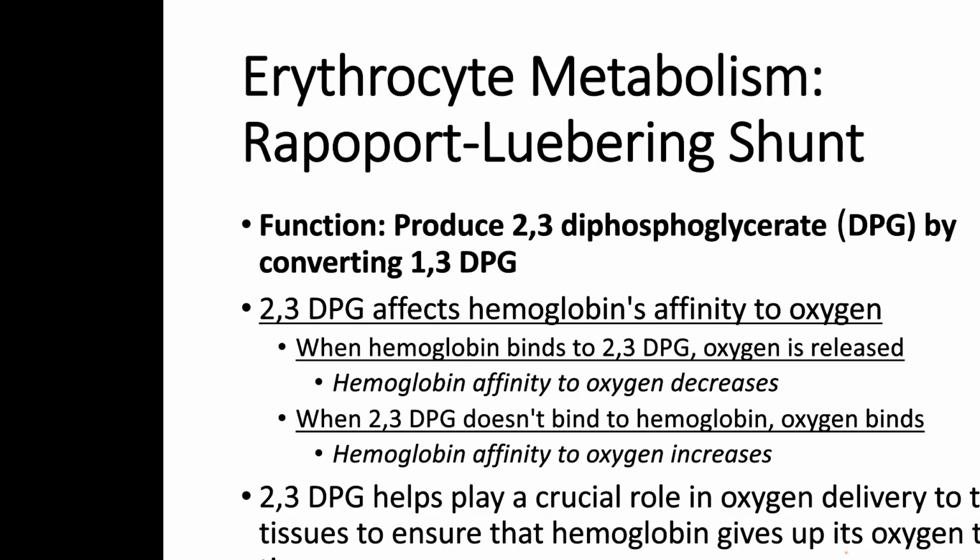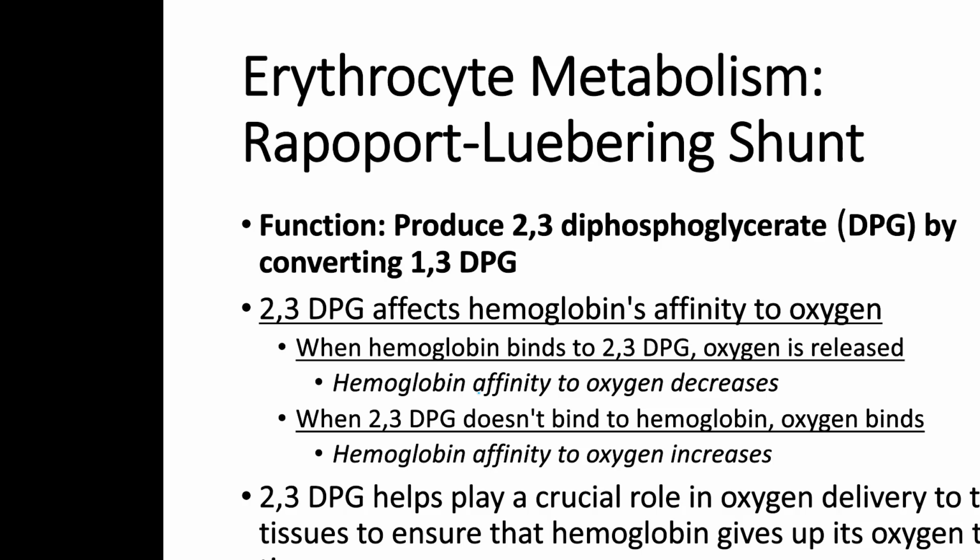And by binding to the inside like that, it'll affect the hemoglobin's affinity to bind to oxygen. So when 2,3-DPG binds to hemoglobin, that'll cause oxygen to be released. Therefore, the hemoglobin affinity to oxygen will decrease.